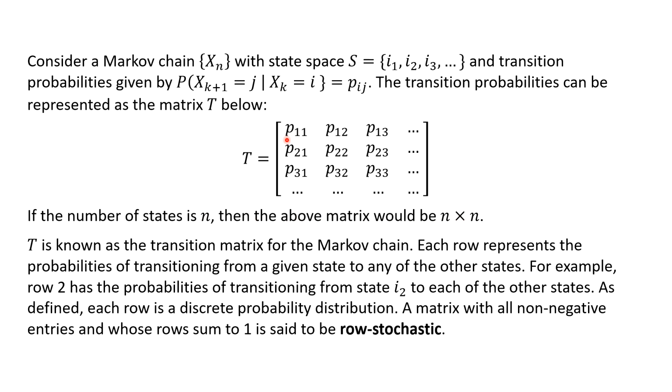Each row represents a state that you're in at time n, and each column represents the state you're going to in the next transition. And we talked about whether or not this depends on n. If it depends on n, then it's not time homogeneous. If it doesn't depend on n, then it's time homogeneous. This matrix T is known as the transition matrix for the Markov chain.